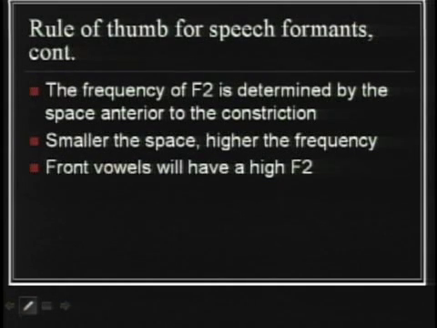So ah looks completely different from E on a spectrogram. Ah has a relatively high F1 because of the small space behind the constriction, and a really low F2 because of the huge space in front of it. The formants for ah are really close together compared to the formants for E, which are really, really spread apart.